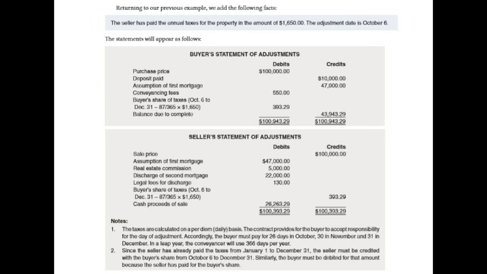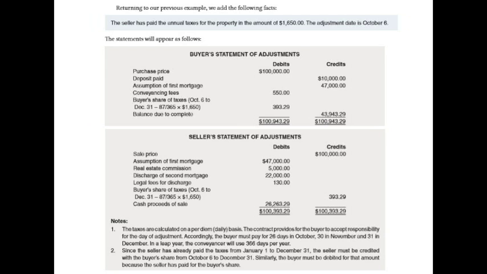It comes out as a debit, a frowny face, something that the buyer owes, $393.29. And so the balance due to complete is all the debits minus the credits, which will come to $43,943.29.